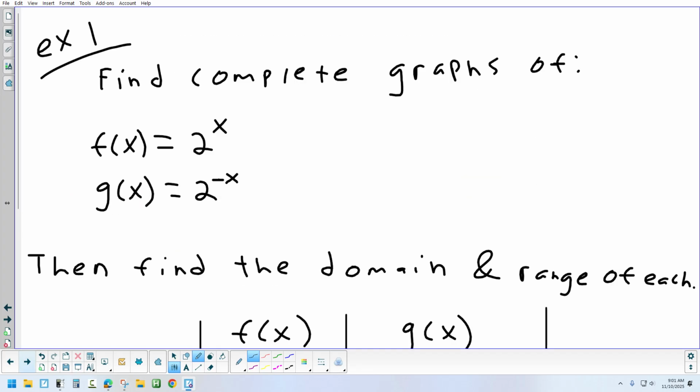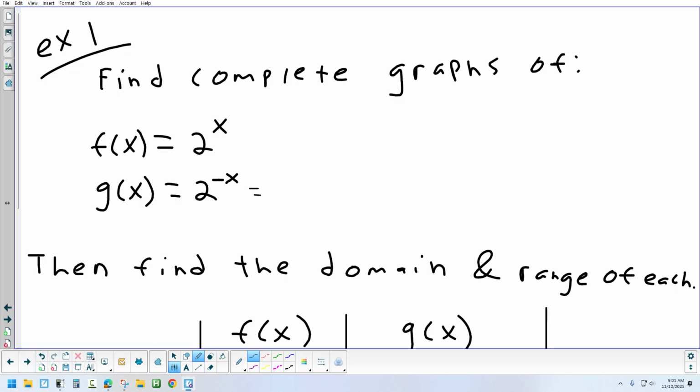Okay, so let's compare these two graphs. We're going to fix them so that we don't have any negative exponents. We'll graph them, and then we'll compare the domains and the ranges of each. Okay, so f of x is fine. That's written in what we would call standard form. Easy to compare to other functions that have a base of 2.